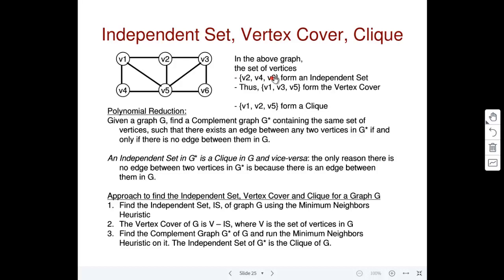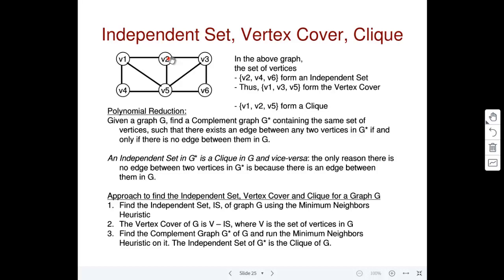Okay. Now obviously, we would be interested to find the largest possible independent set for a given graph, because even an empty set can be called an independent set because there's no edge between any 2 vertices in that empty set. And I can say V2 by itself is an independent set because there's no edge between 2 vertices in that set.